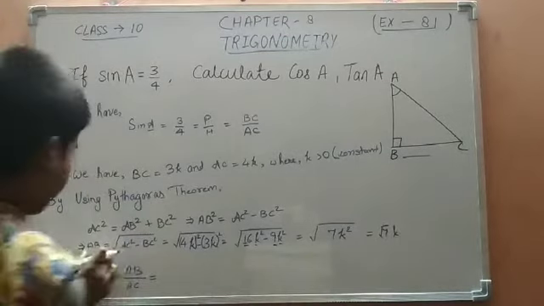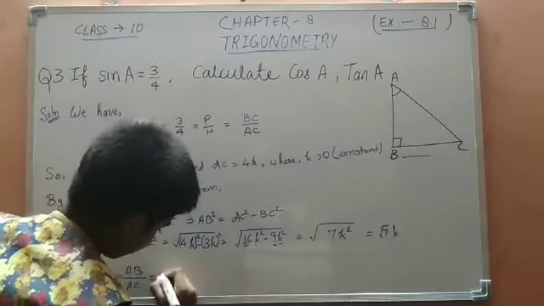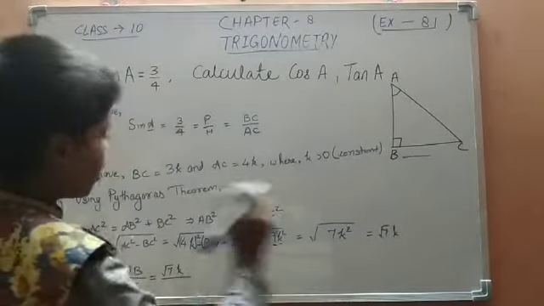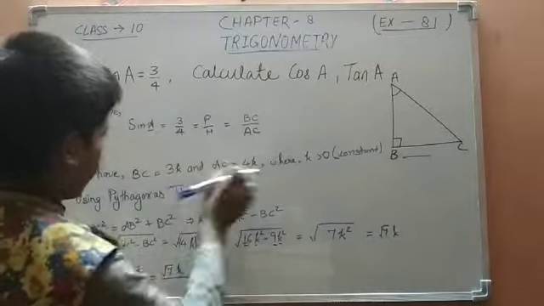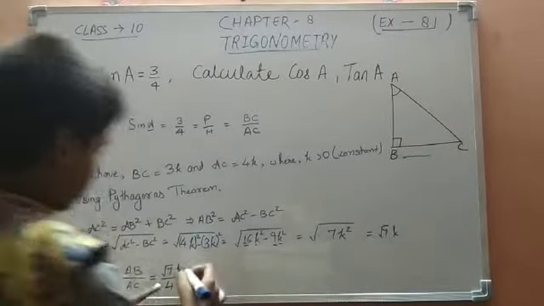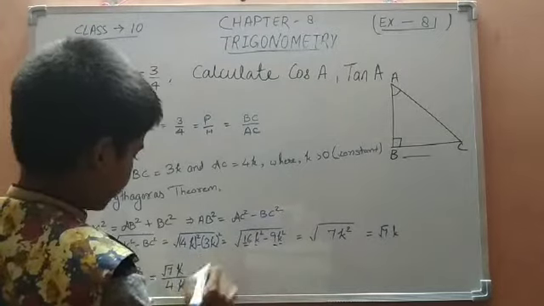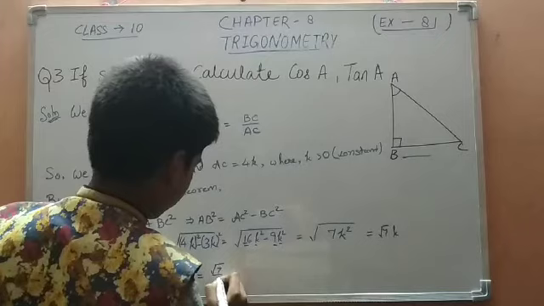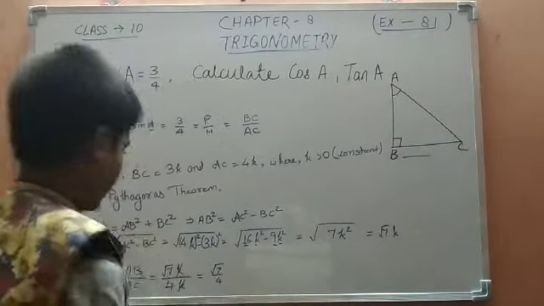We found that AB is root 7k and AC is 4k. So k and k cancel out, and it is equal to root 7 upon 4.